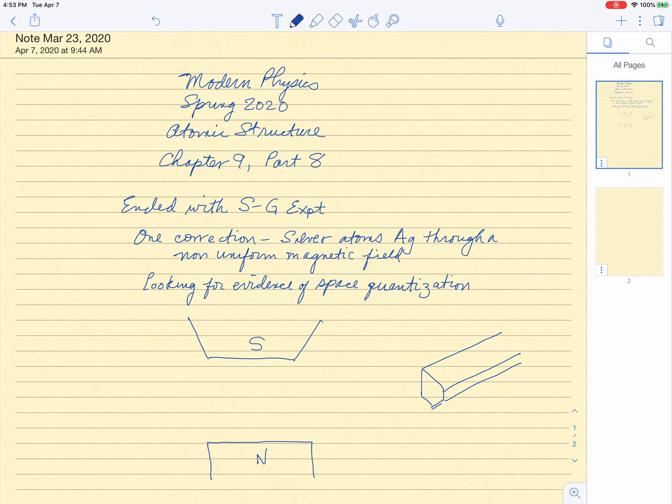And then the bottom would look like this. Here is more pointed. So it's flat. Here's north. Here's south.